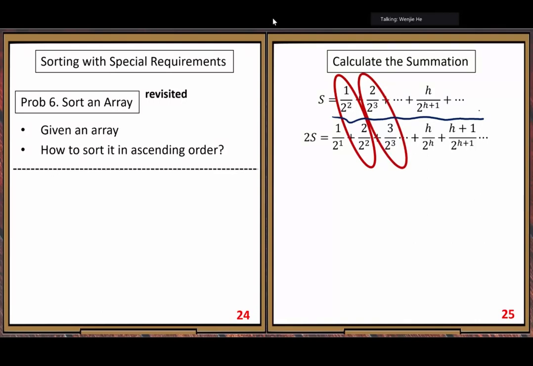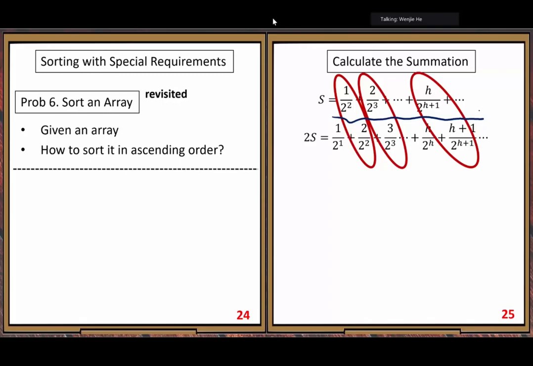So next pair, the difference of numerator is 1, and so on, all the way down to the end, to infinity. No end, to infinity. So this is a good property we can take advantage of.